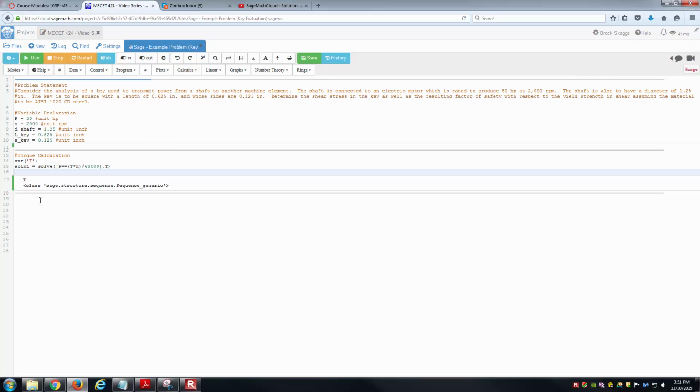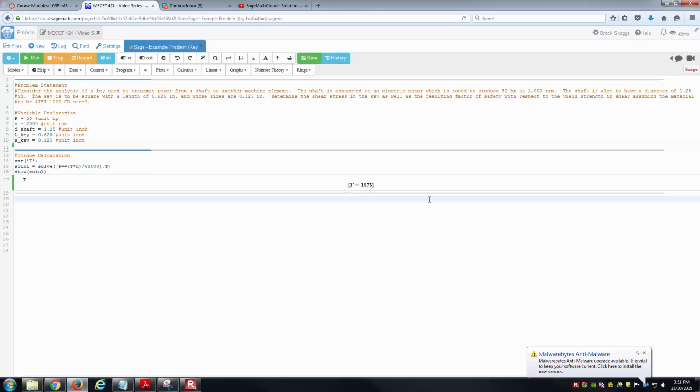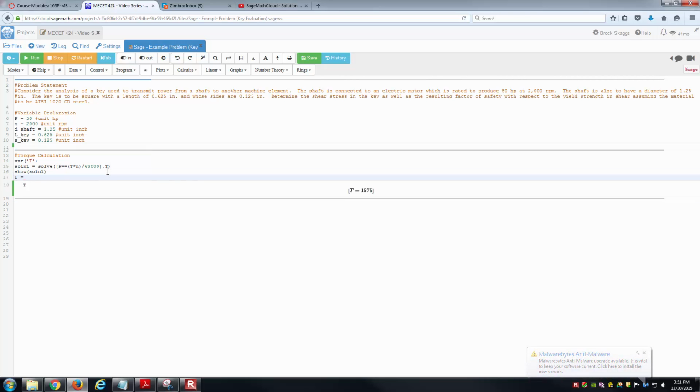And so here I could do something like show the solution, just to get that showing again. And if I wanted to set T equal to the actual right-hand side, the 1575 part, I would do T is equal to the solution. Here I just have the one square bracket, so 0, and I would say .rhs here to grab the right-hand side.